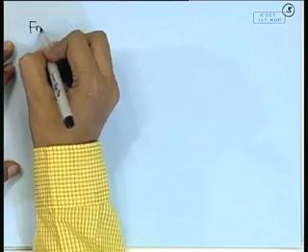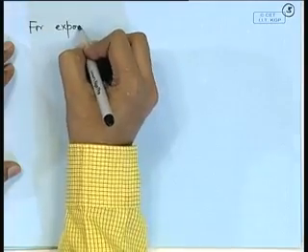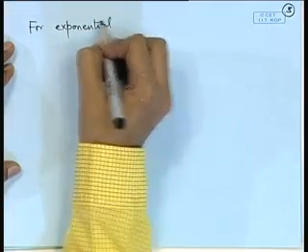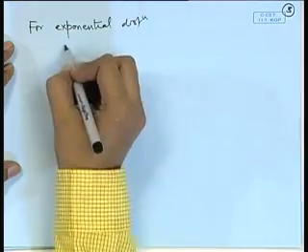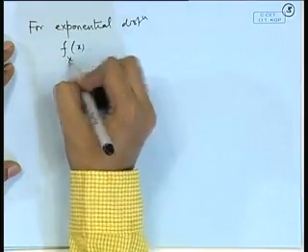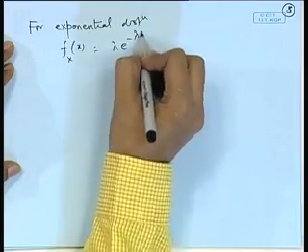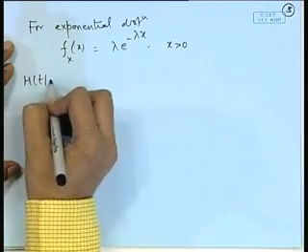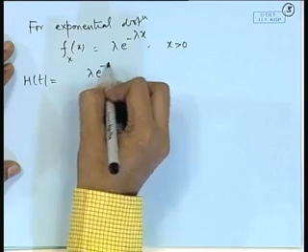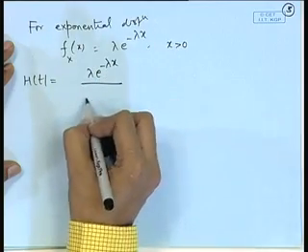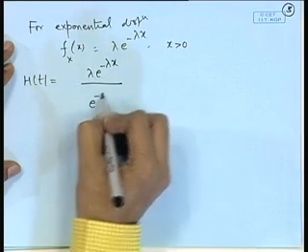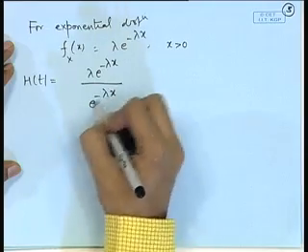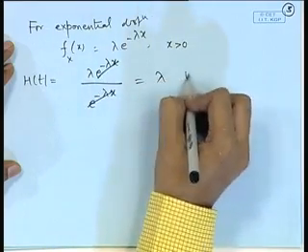In the case of the exponential distribution, that is, if I am taking say f(x) is equal to lambda e to the power minus lambda x, the hazard rate is equal to lambda e to the power minus lambda x divided by the reliability function e to the power minus lambda x, that cancels out, which is lambda for all x.